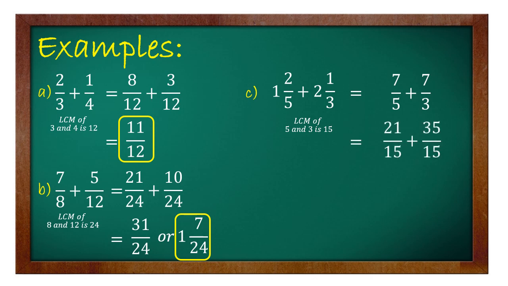Yung 7/5 magiging 21/15, and then yung 7/3 magiging 35/15. Add na natin yung numerators. 21 plus 35 is 56, then copy the denominator, which is 15. I-change natin into mixed fraction, so that is equal to 3 and 11/15. Yan na yung ating sagot.